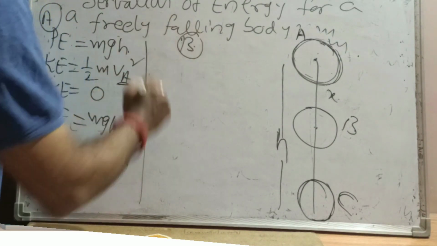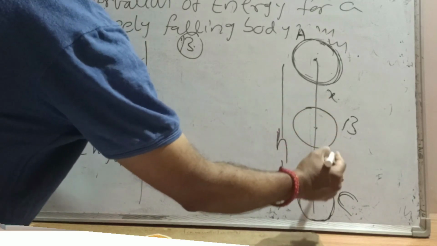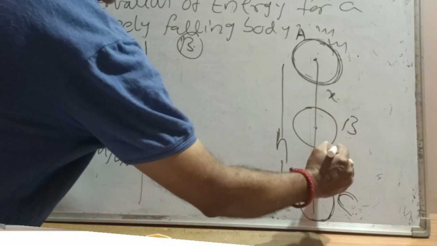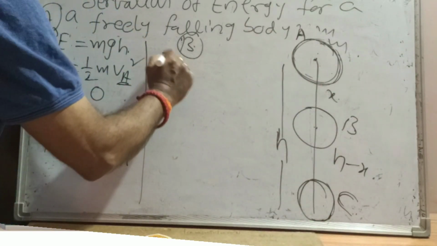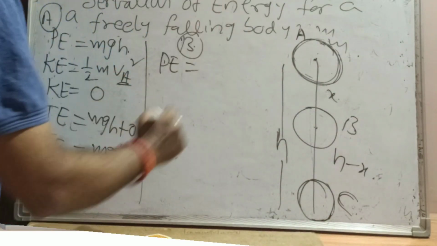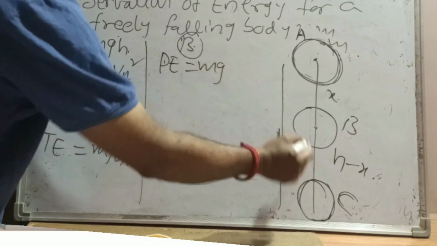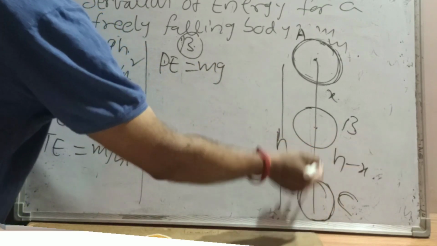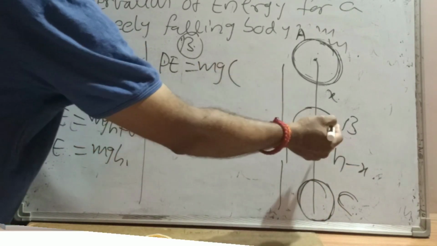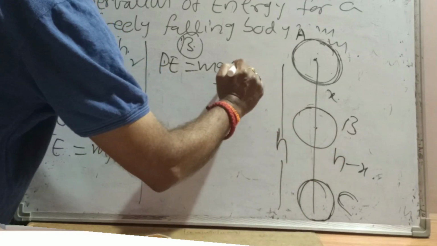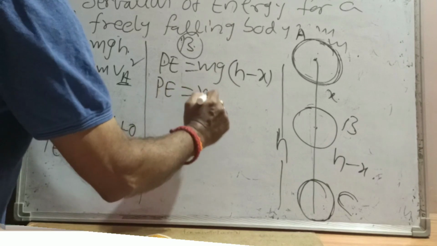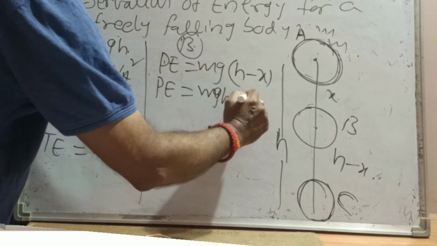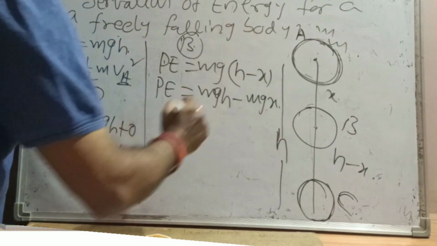At the point B, the height of the body from the ground is h minus x. So let us write the potential energy at this point. mg into, what is the height of the body from C to B? When the body is at the point B, height is h minus x. Therefore, potential energy is equal to mgh minus mgx.